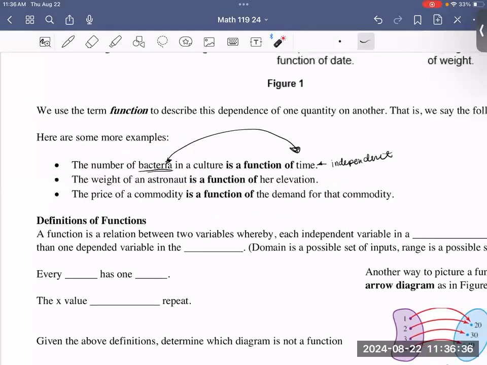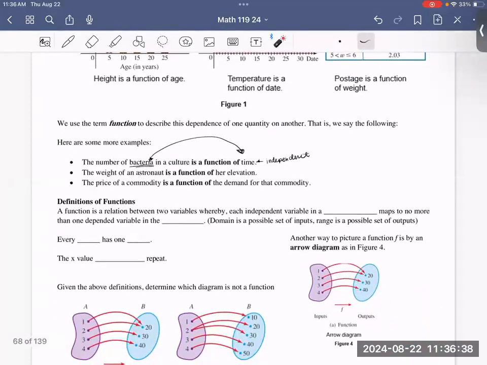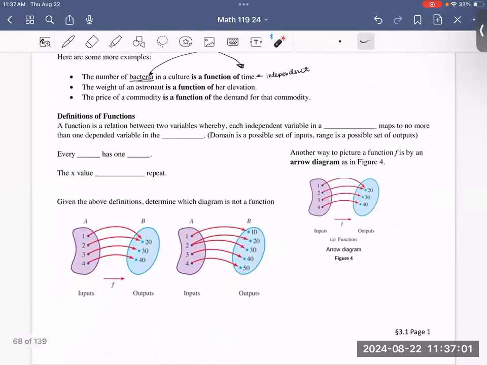If you're at all confused, here's a tidbit: whatever comes first before the "is a function of" is typically the dependent, and the very next thing is going to be the independent value. Time, any sort of time value, so that's seconds, months, years, is always going to be independent.